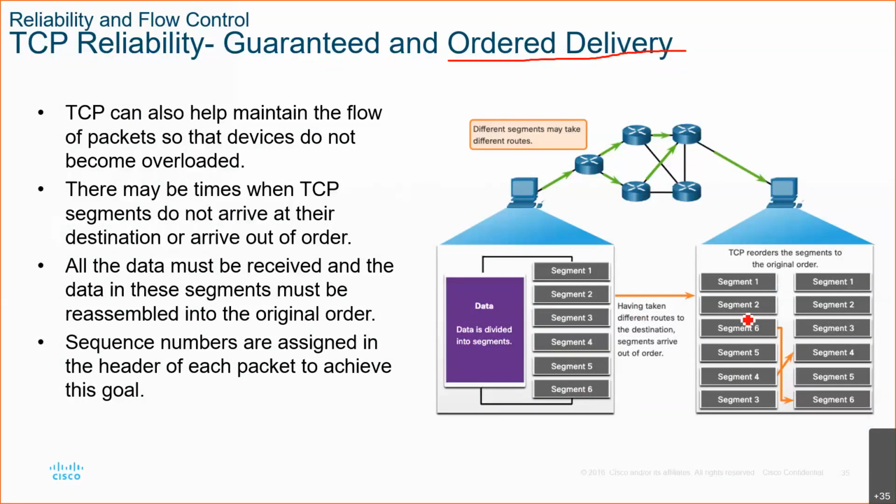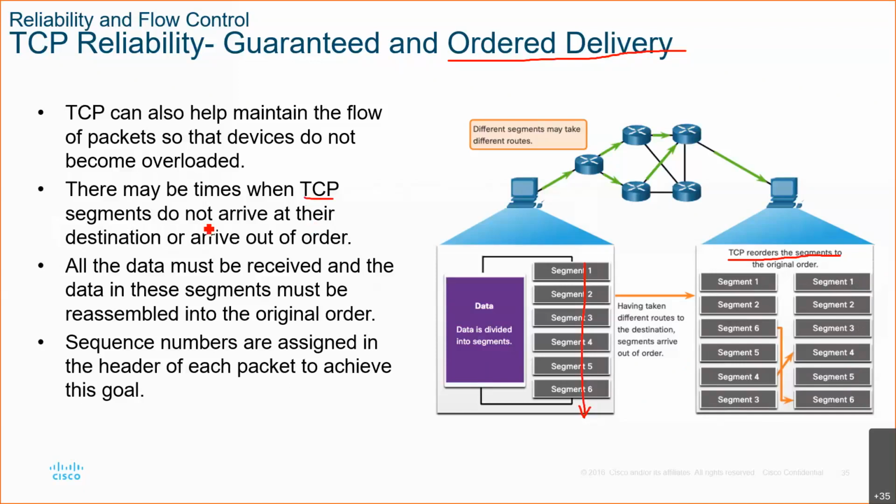When it reaches the destination, of course, it won't be in the same order. So if you send it in this order, it comes in a garbled format, no problem. Your TCP will ensure, by looking at the segment header, it will arrange it according to proper order, just like how you sent it. 1, 2, 3, 4, 5, 6. It will take this and arrange it as 1, 2, 3, 4, 5, 6.